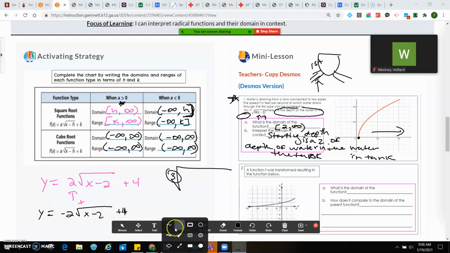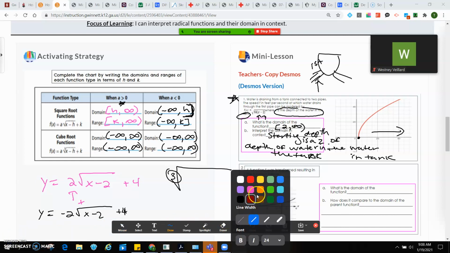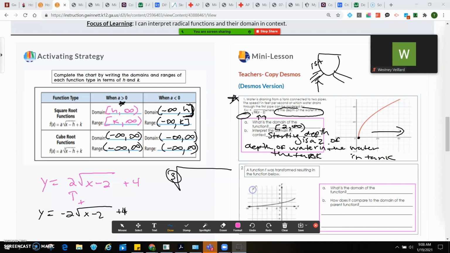Okay, so looking at that second problem, I'm going to change my color. Look at this pink color. Looking at my second problem, it says a function f was transformed resulting in the function below. What is the domain of the function? So looking at my x value, my point starts right here, right?